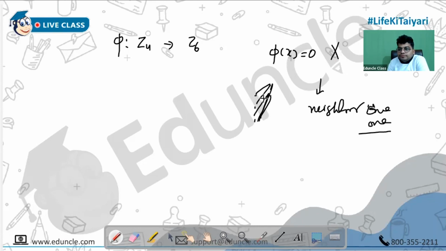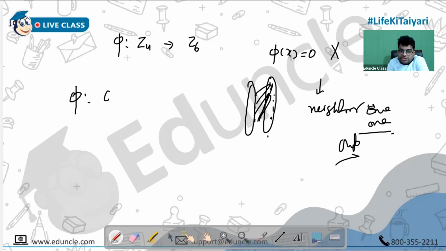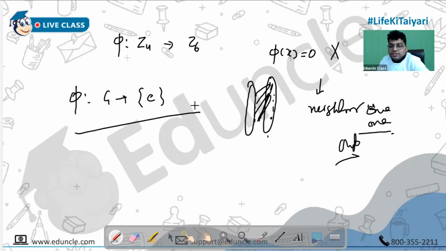Yes or no? Trivial is always many-one. It is not onto, because the other elements we have are so many. Except if the order of the right hand side group is 1, then it can be onto. Otherwise it cannot be onto. Yes or no?